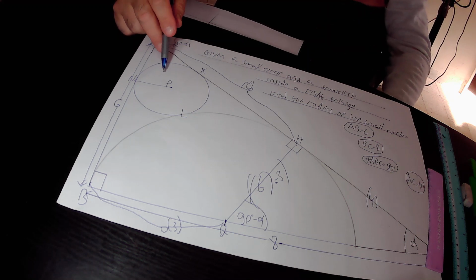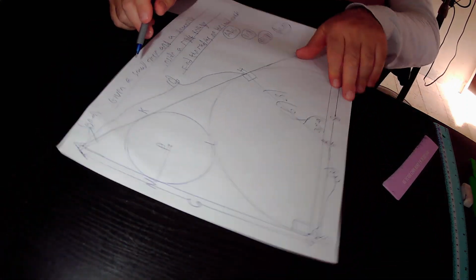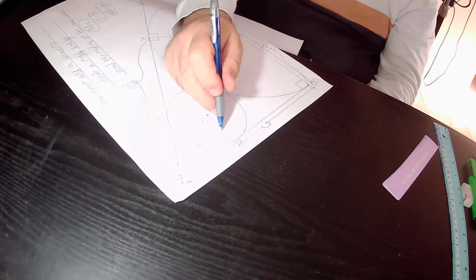So we will denote the radius of this small circle PN as A. Again, A is the radius that you're looking for in this question.